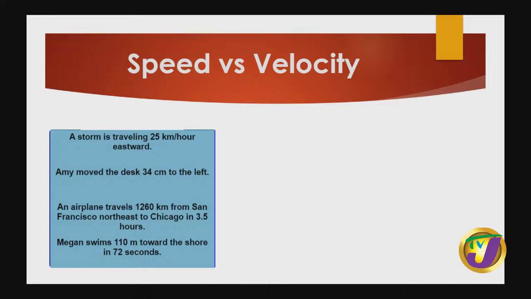An airplane travels 1,260 kilometers from San Francisco northeast to Chicago in 3.5 hours, and I'm seeing direction again. Megan swims 110 meters towards the shore in 72 seconds. It says towards the shore, so that shows us what direction she was heading in, and they have speed as well.